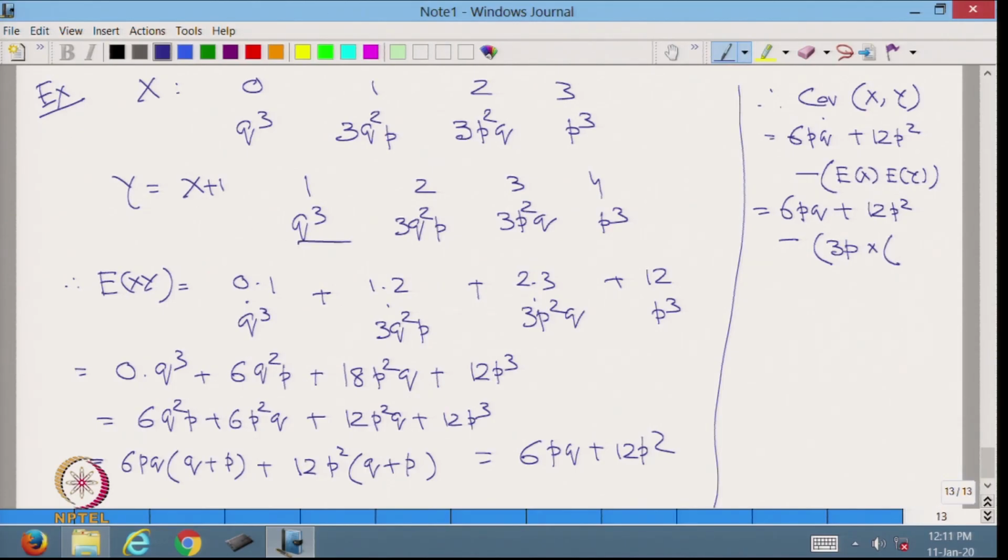Since y is equal to x plus 1, expected value of y is going to be expected value of x plus 1, which is 3 p plus 1.